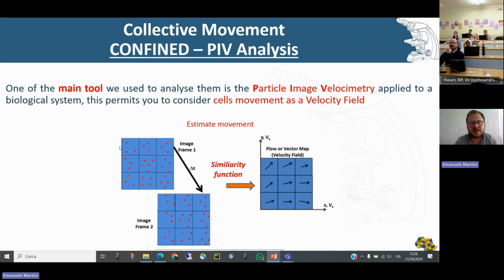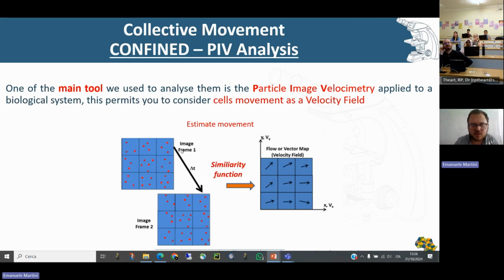So you want to compare this square with this square in a couple of frames, in frame 1 and frame 2. What you do is you don't want to recognize objects. You are no more doing nuclei identification, particle identification. You are only relying on the gray level of your image.